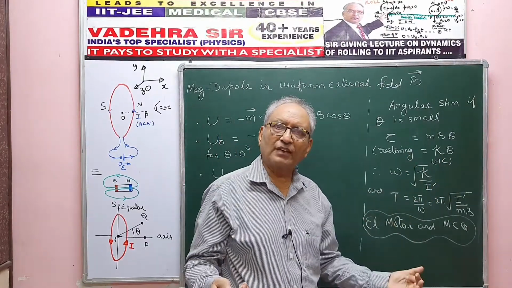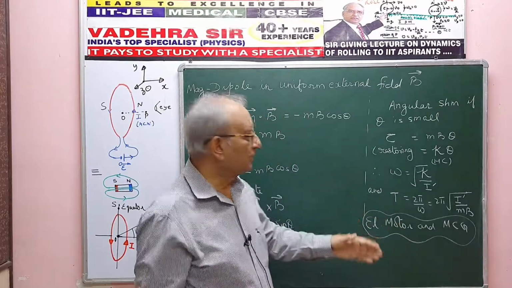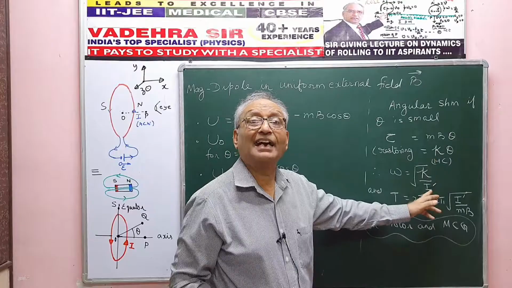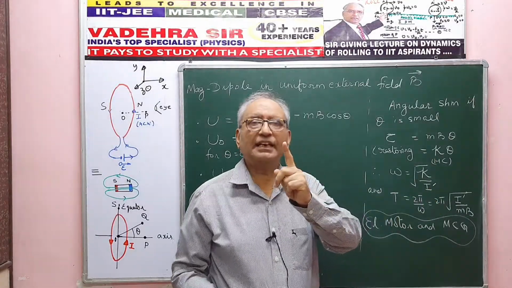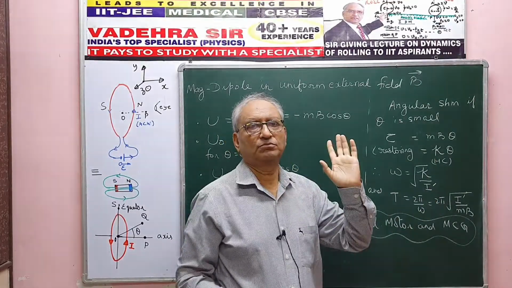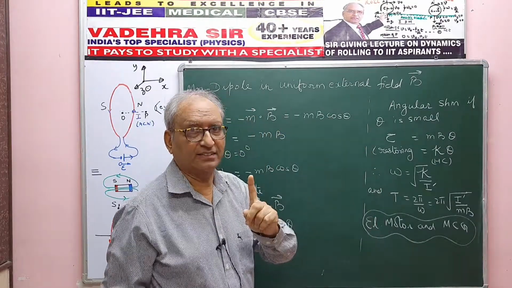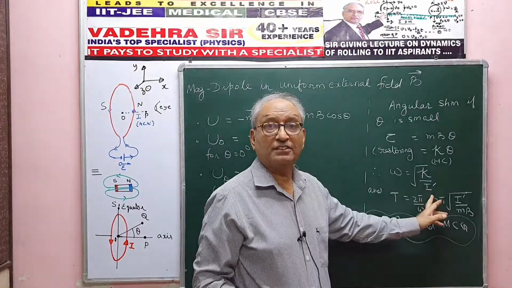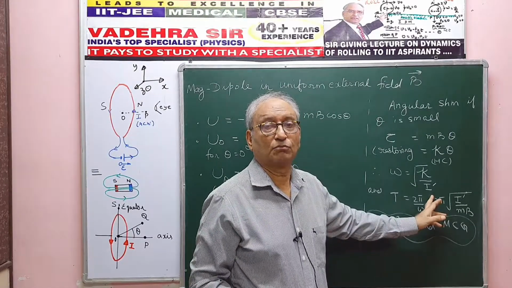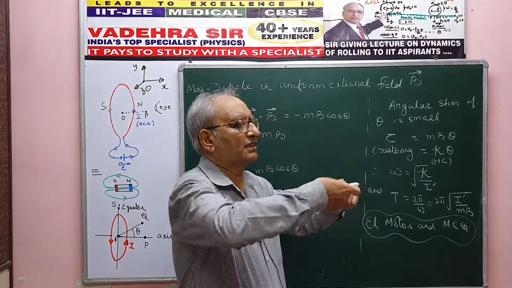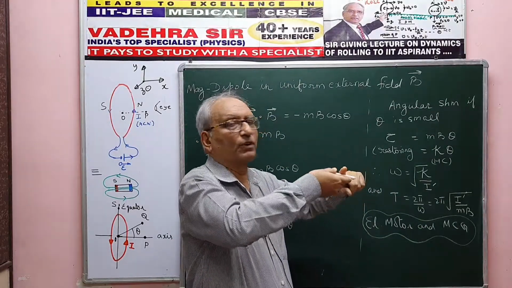If it is a case of angular SHM, then it has angular frequency omega, the Hooke's constant divided by I dash, under a square root. I am using I dash for the moment of inertia of the dipole, because I have been using I for the current. So I dash is the moment of inertia of the dipole about this axis, because the dipole is rotating like this.